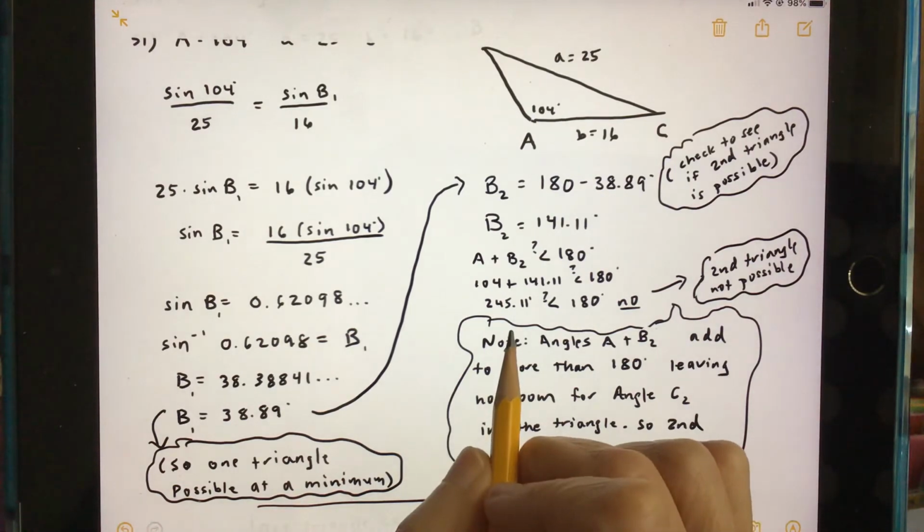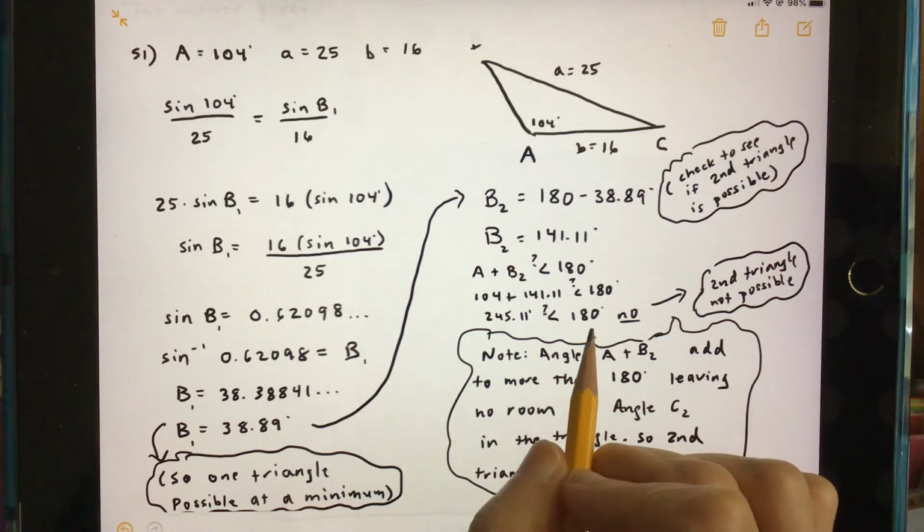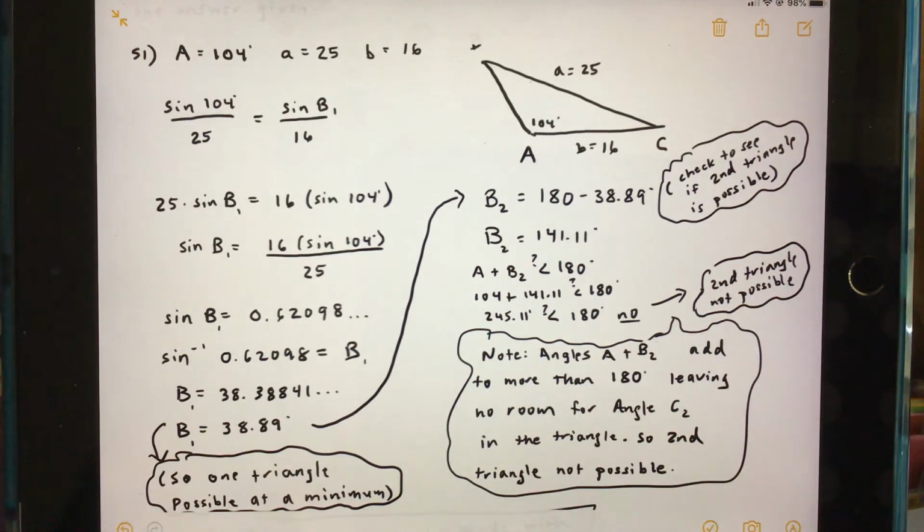Well, when we add angle A and angle B2 together, we are not less than 180 degrees. 245.11 is already beyond 180 degrees. There's absolutely no room for a third angle, let alone the two angles in the triangle, because the three of them have to add to 180. So a second triangle is not possible. Note, angles A and B2 add to more than 180 degrees, leaving no room for angle C2 in the triangle. So a second triangle is not possible.